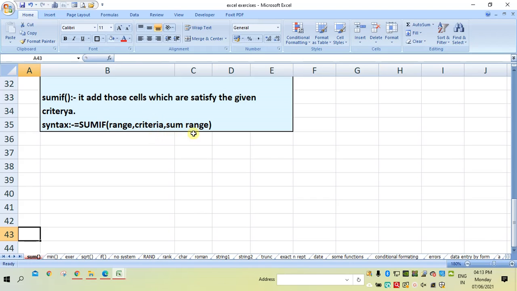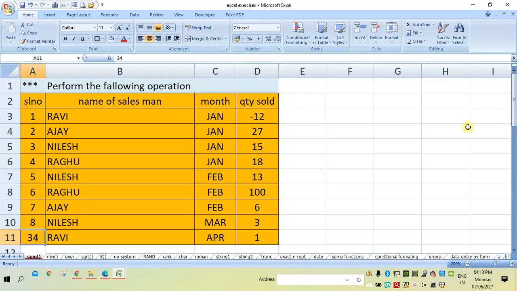Let us see one example so that you can understand the SUMIF function. This is a table showing the sales performance of a few candidates. If you want to find the total sold quantity of all these, I can use the sum command, but if I want to calculate only the total of a particular candidate, then I have to use SUMIF.